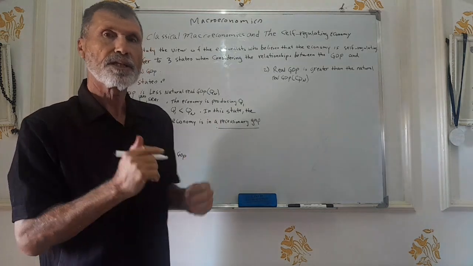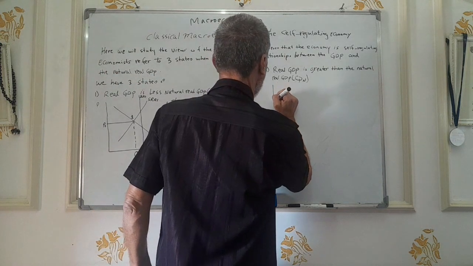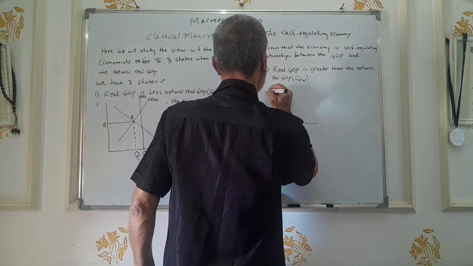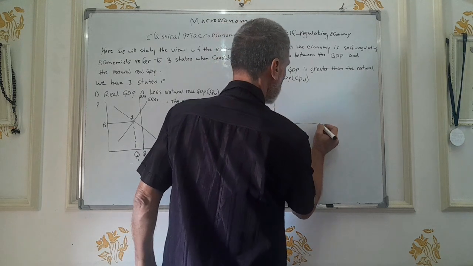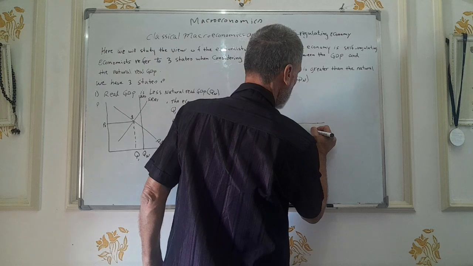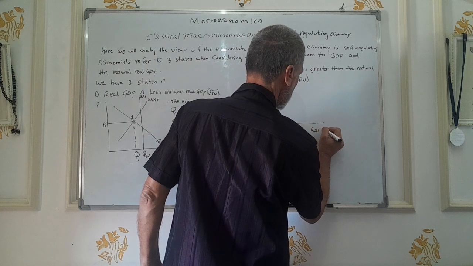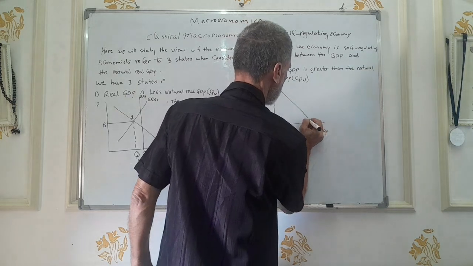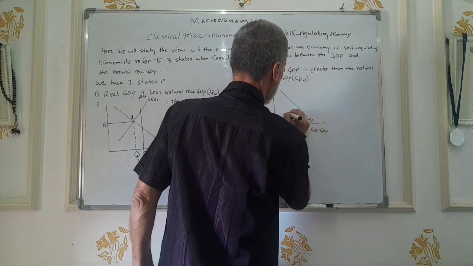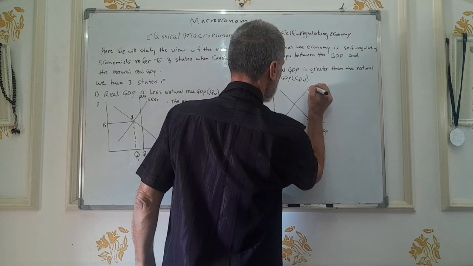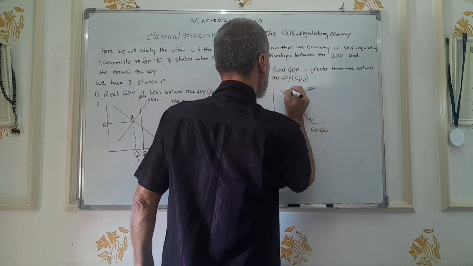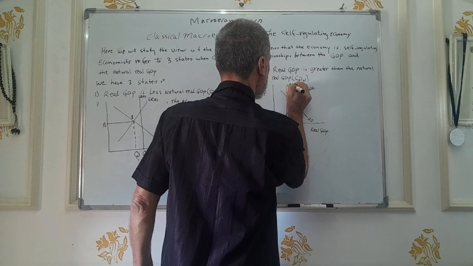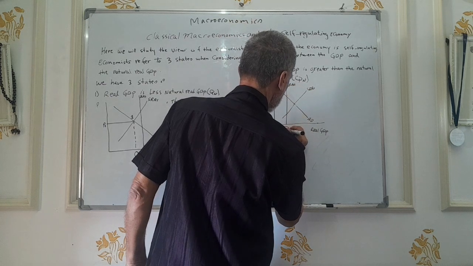Let's see that graphically. This is price, this is real GDP, this is aggregate demand, this is short-run aggregate supply, and this is the long-run aggregate supply, at Qn.